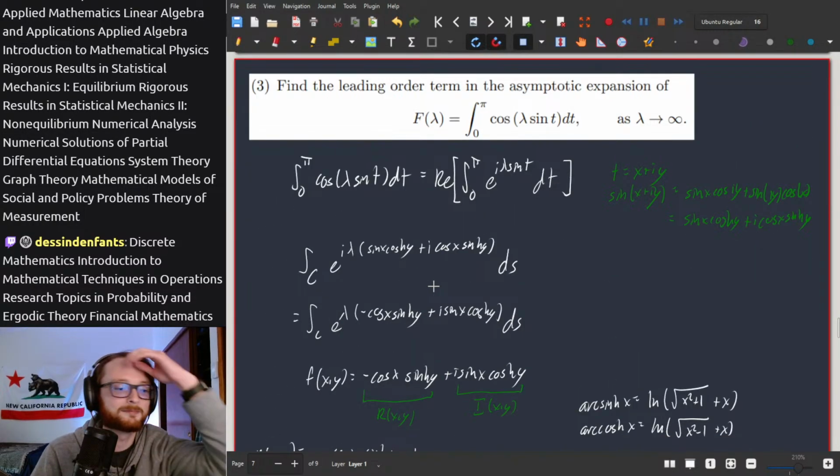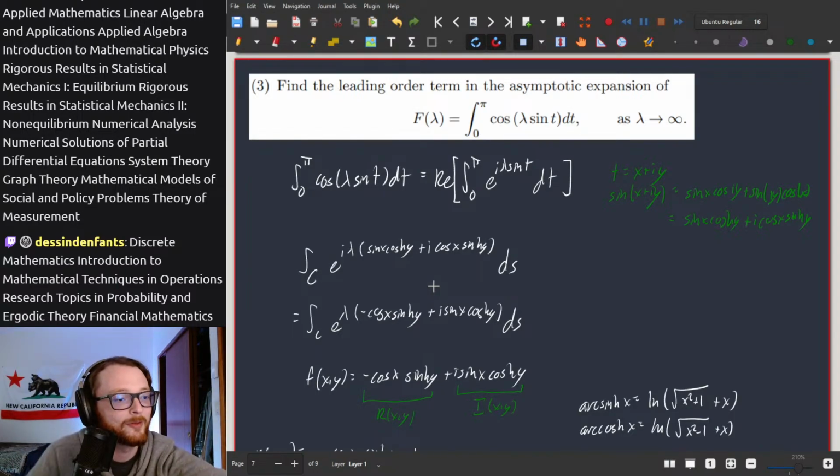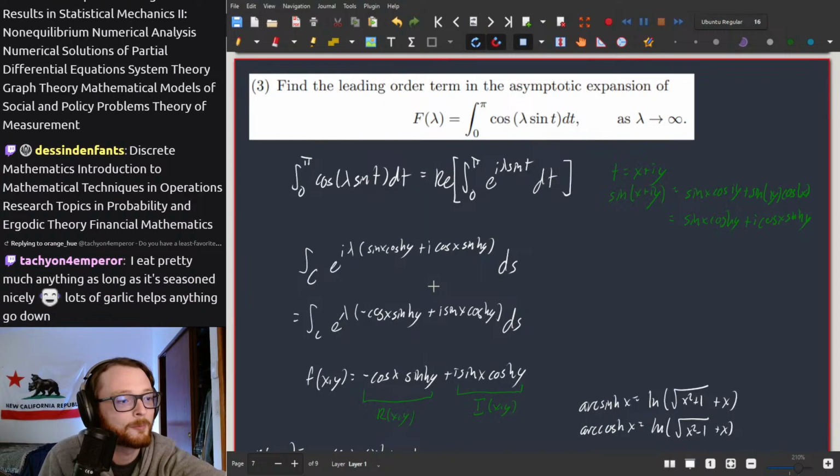Okay, so let's read through what Destin's options are here. Here's a more complete list. Applied PDEs, methods of applied math, linear algebra applications, applied algebra, mathematical physics, rigorous results in statistical mechanics. Oh, don't do that.